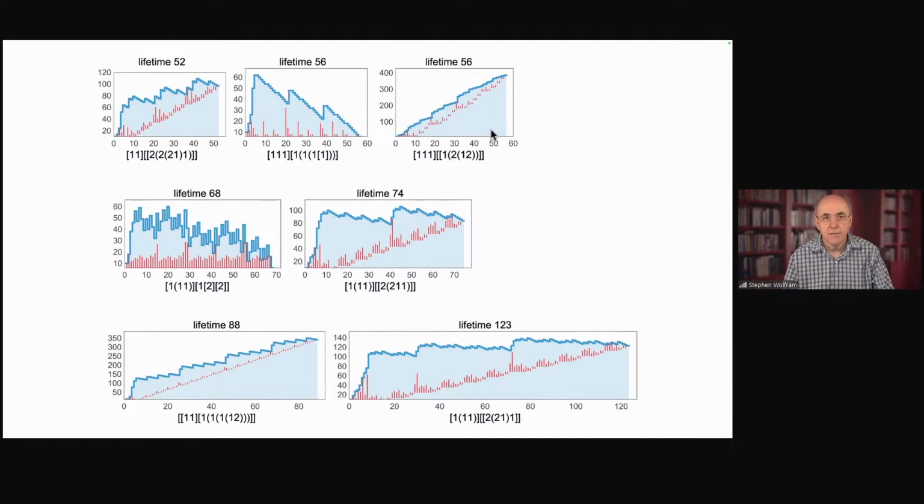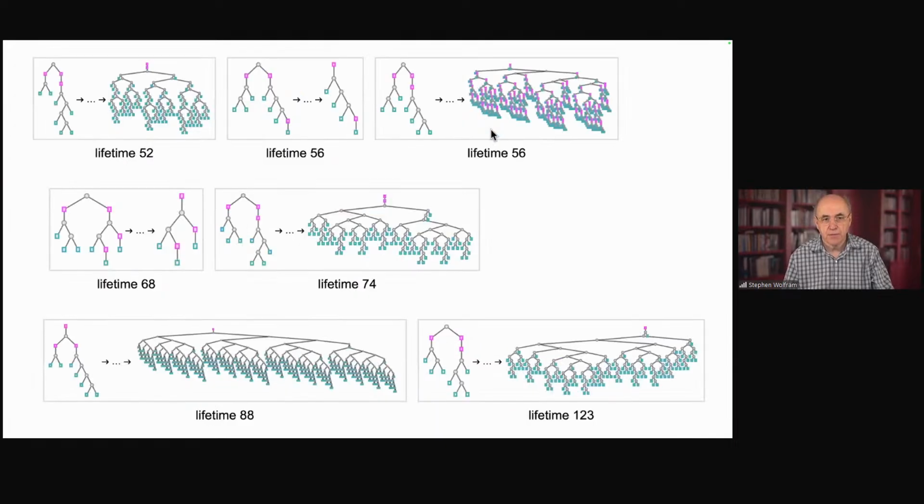And those are the trees that you get. Those are the sort of before and after, the initial tree and the final tree for these lambdas that terminate.